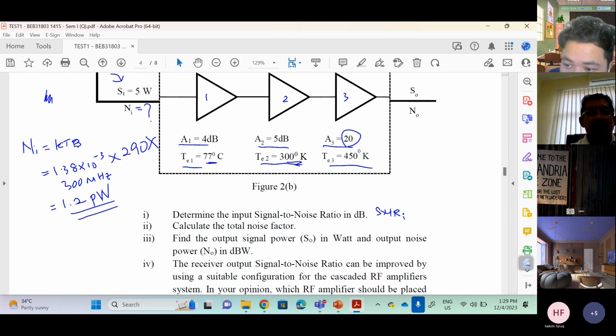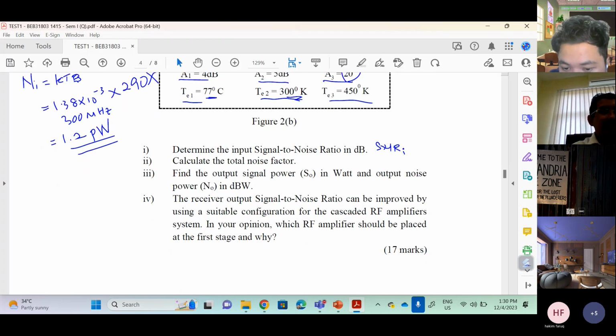Then I can calculate the input SNR. SNR I is equal to SI over NI. So this is 5 watt divided by 1.2 picowatt.